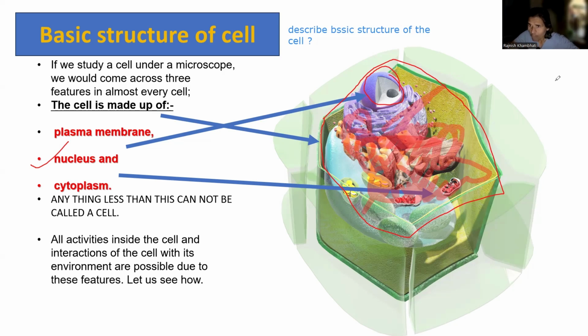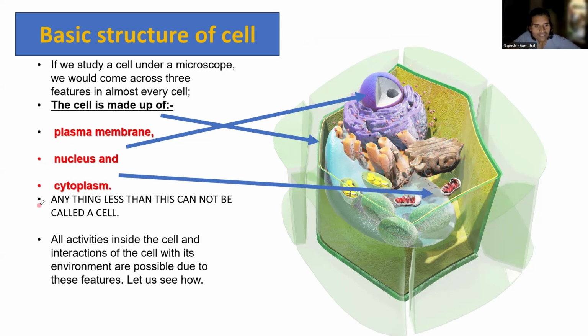It's very important that anything less than this cannot be called a cell. You cannot call it a cell if these three things are not present.